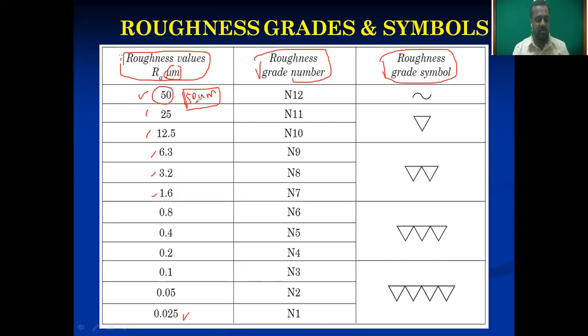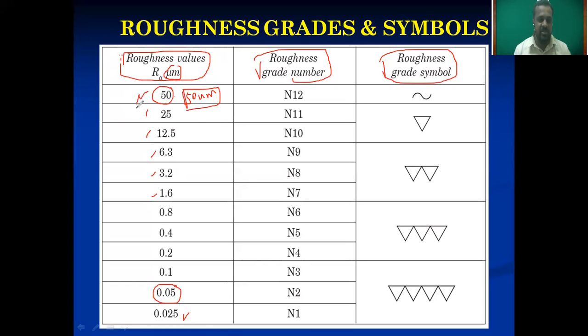Suppose we have to manufacture a pen, and the surface roughness they have given is 55, then again it is very rough. From this we can easily understand. And if they have given a required surface roughness of 0.05, we can say a very fine surface is required.